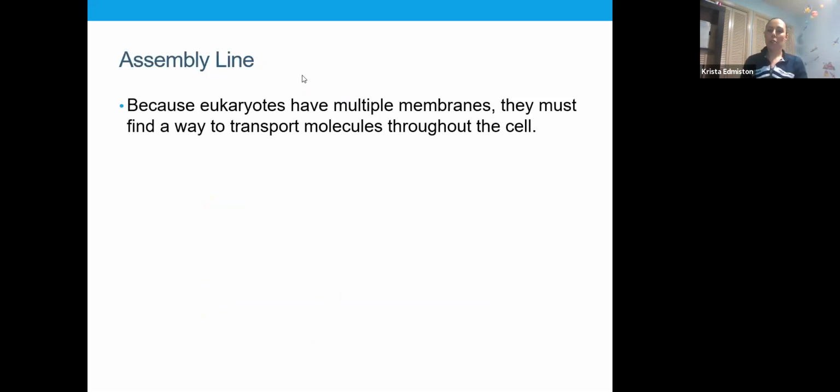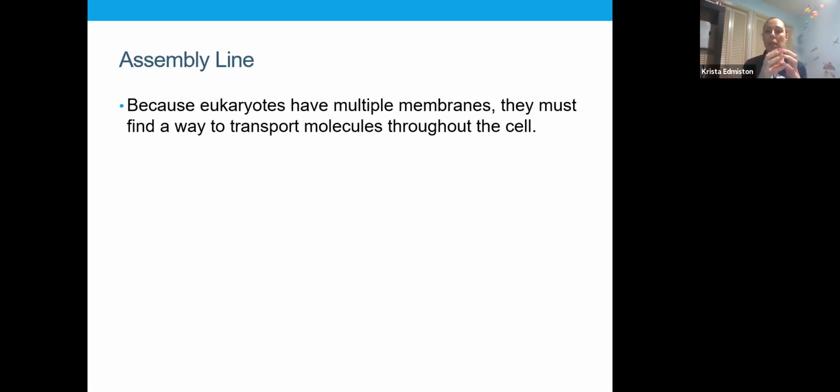Okay, so because our eukaryotic cell is so complicated, right? We've got all these membrane-bound structures in there. In order to transport molecules from one section of the cell to the other, we have to have a very complex highway system inside the cell to get from one location to the other, especially when we're talking about synthesizing proteins, right?